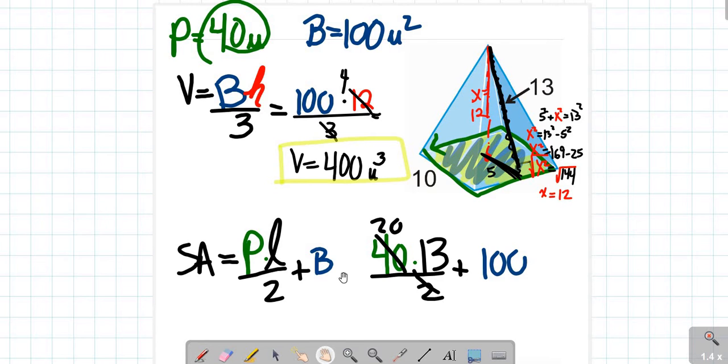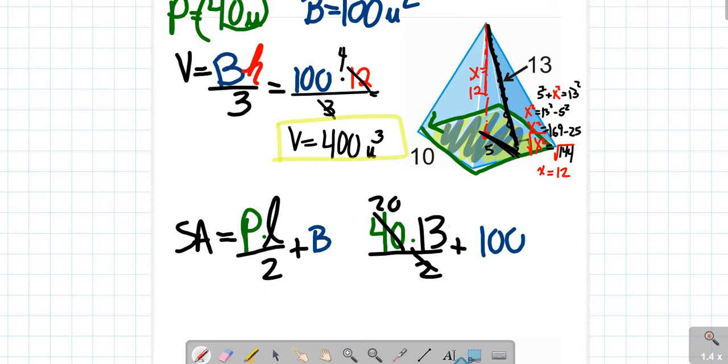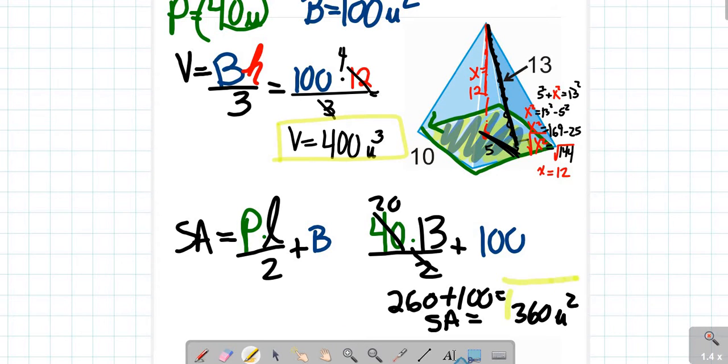So this is going to be 20 times 13 is 260 plus 100. So my surface area here is going to equal 360 units squared. Shade, trace, perimeter, base, equations. Circle, plug, chug.